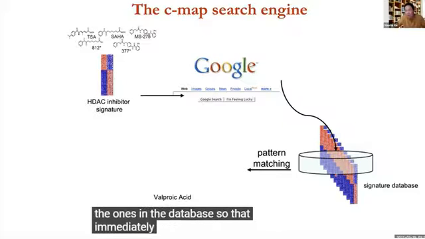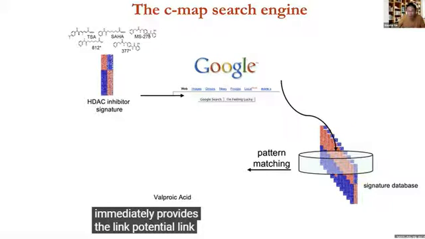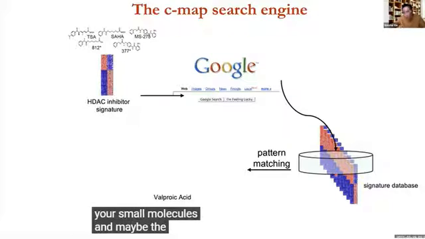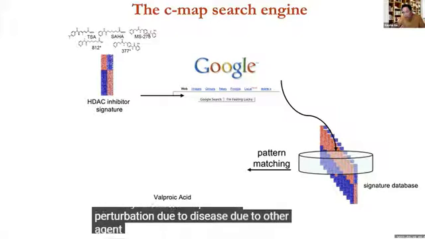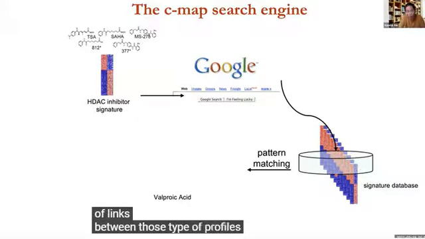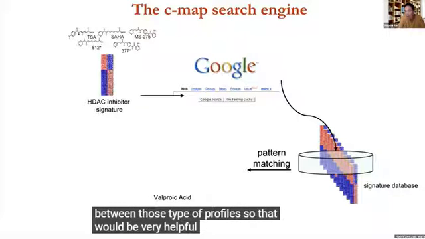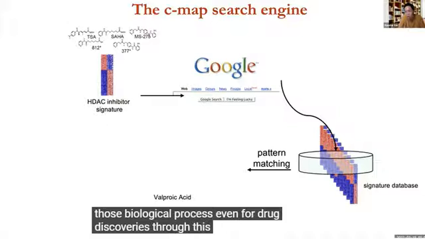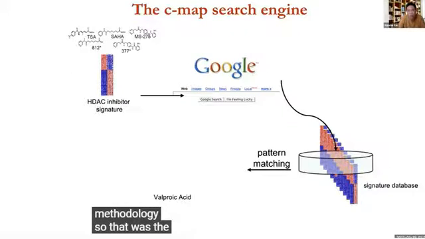So that provides a potential link between your small molecules and the RNA expression perturbation due to disease or other agent perturbations. Building this type of link between profiles would be very helpful for understanding biological processes, and even for drug discovery. So that was the original idea.